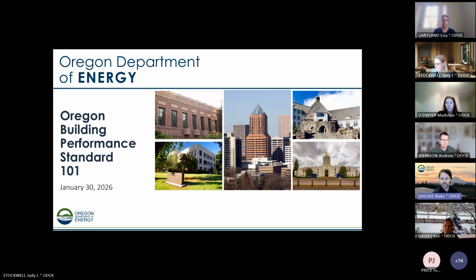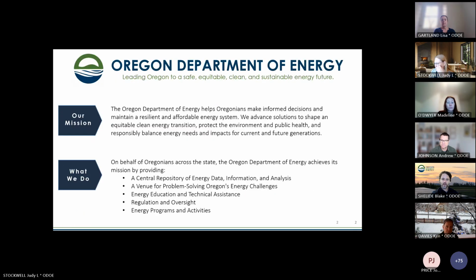With that, let's move on to slide 2. This is ODO's mission and what we do. Just a reminder that all of our programs are targeting the vision of a safe, equitable, clean, and sustainable energy future.